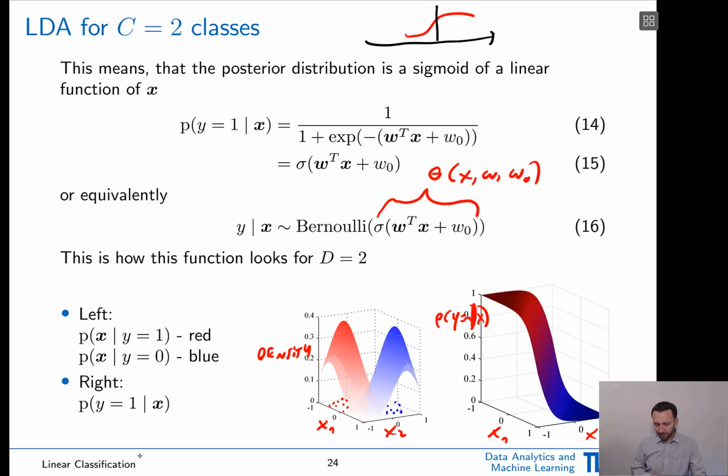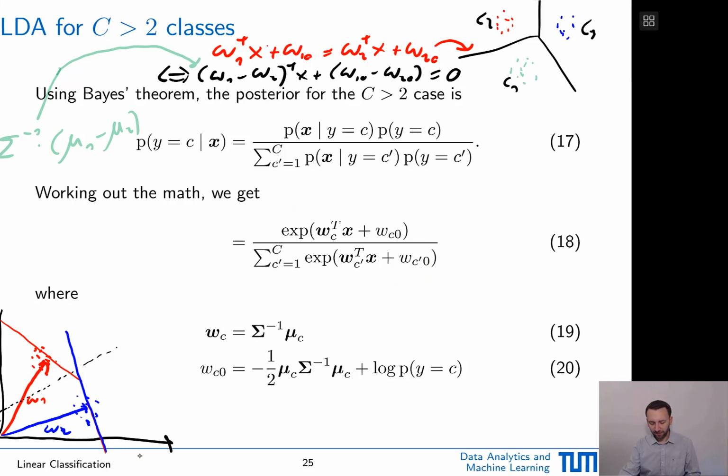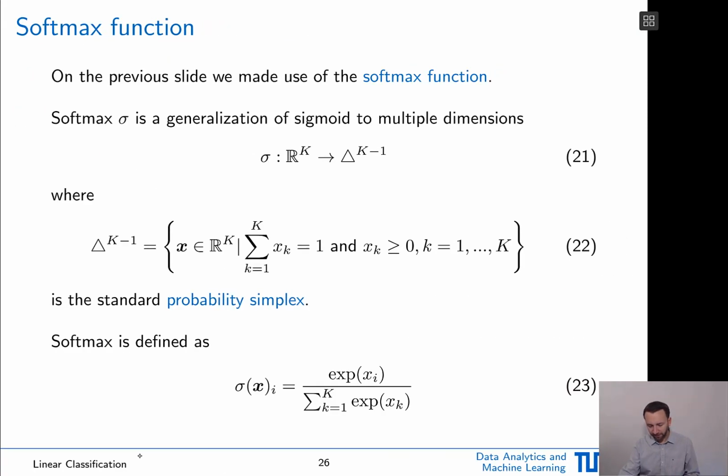Good. So one last point I want to mention on this slide, because that's a word you will often hear. What we have here is the so-called softmax function. You see it's defined here in the lower part.